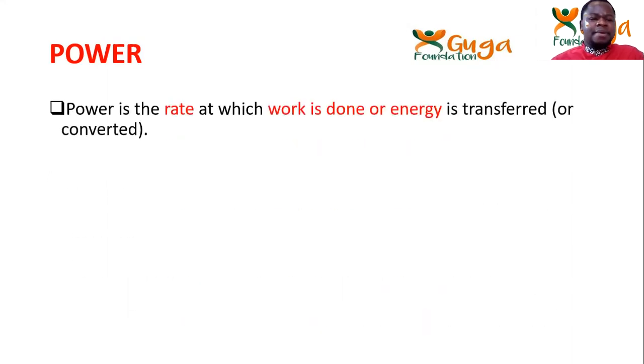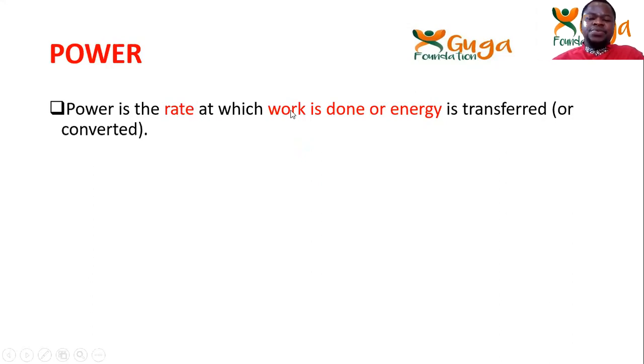Now let's look at power. Many people talk about power in everyday life, and powerful and all that. But here in physics, we say power is the rate. Guys, when you see the word rate, just know that we're dividing by time.